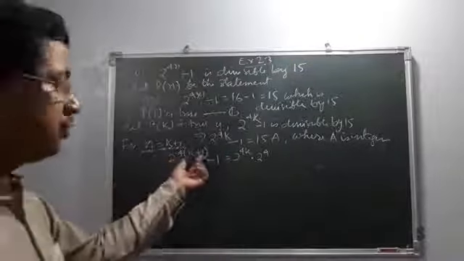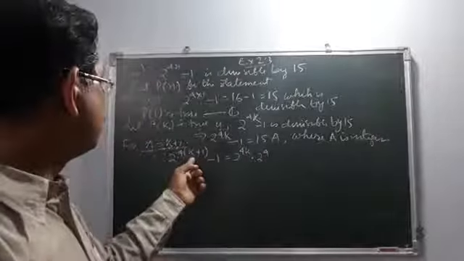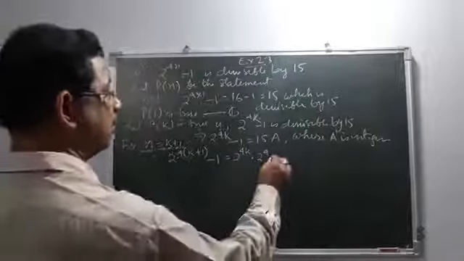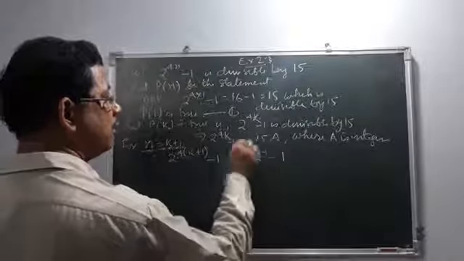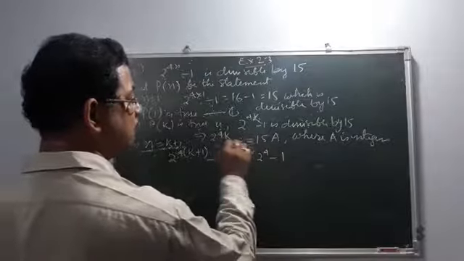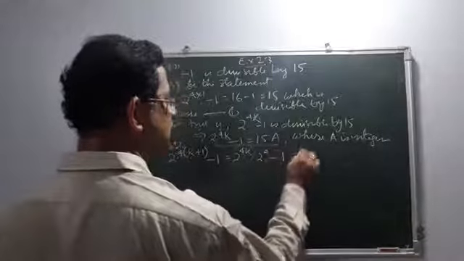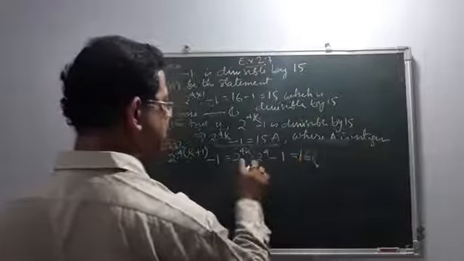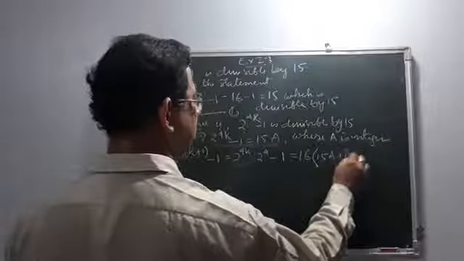If we remove this bracket, 4k plus 4 it is. So 2 to the power 4 we can isolate. Now 2 to the power 4k we can replace from this one, 15a plus 1. So 2 to the power 4 is 16, and this 2 to the power 4k is 15a plus 1, minus 1.